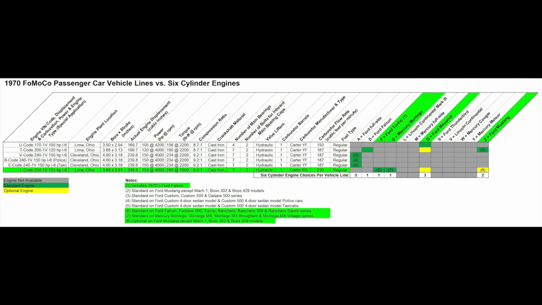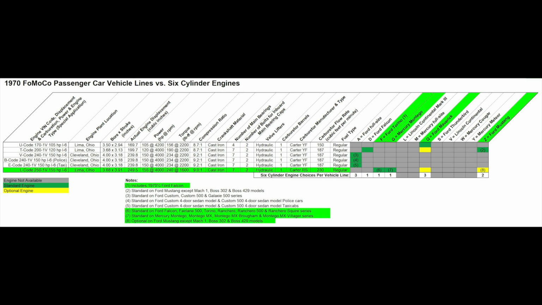This engine was produced at the FoMoCo engine plant in Lima, Ohio, and had a bore of 3.68 inches, or 93.5 millimeters, the same as the T-code 201-barrel engine, and a stroke of 3.91 inches, or 99.3 millimeters. An under-square design where the bore is smaller than the stroke in a 0.94 to 1 ratio.